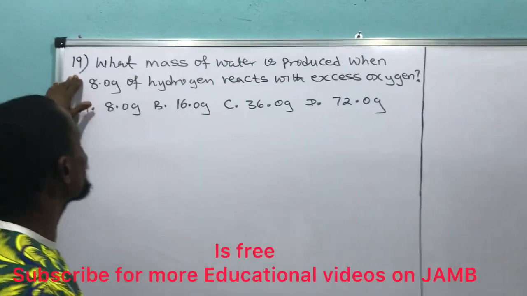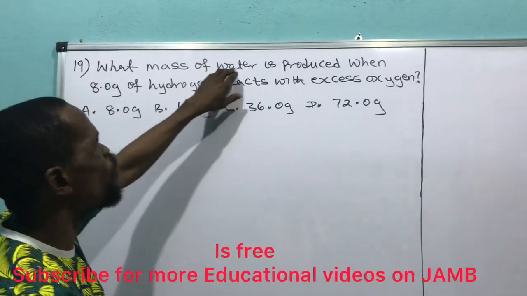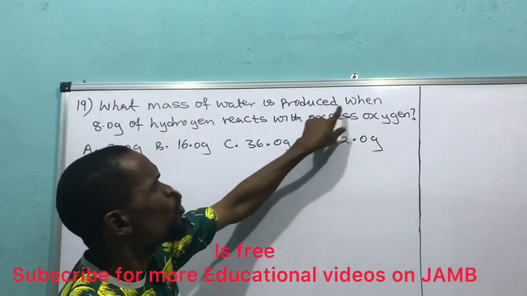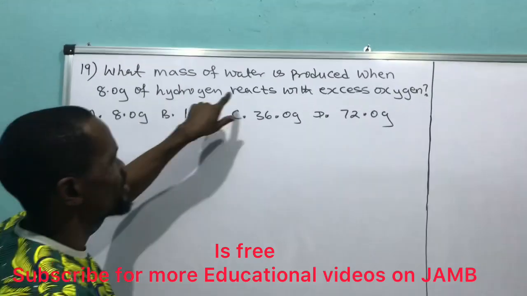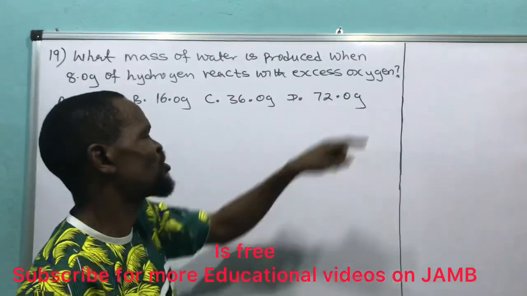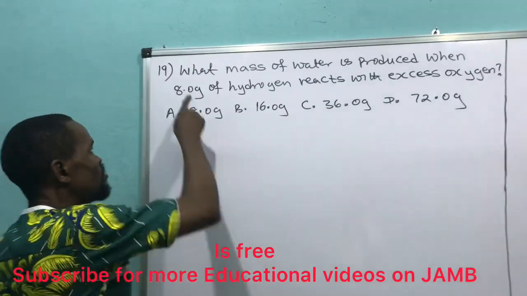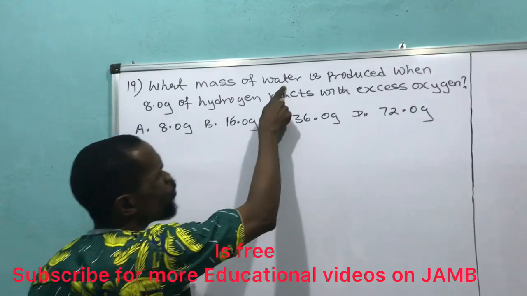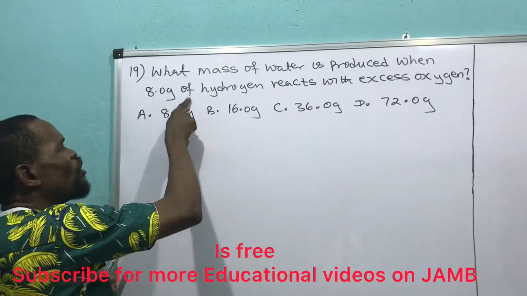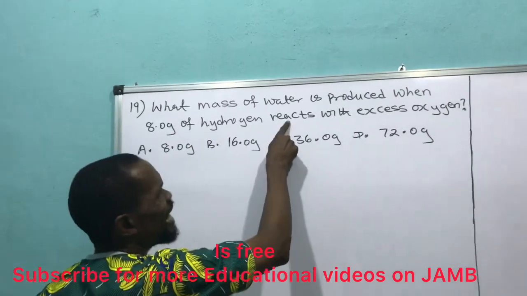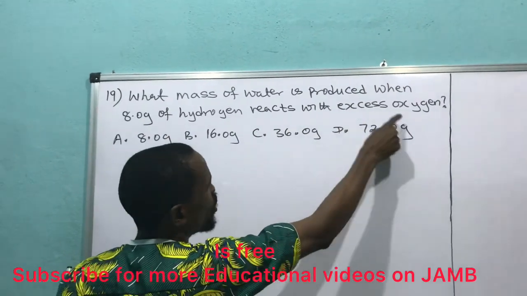Question number 19 says, what mass of water is produced when 8 grams of hydrogen react with excess oxygen? Oxygen is in excess. So in other words, what they're asking us is the mass of water that will be produced when 8 grams of hydrogen react with excess oxygen.